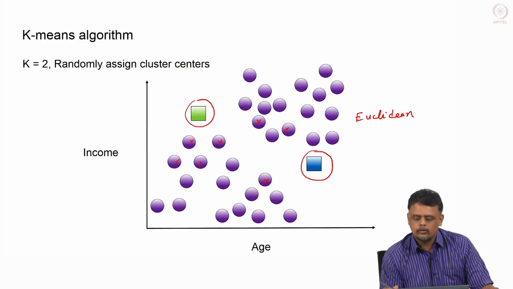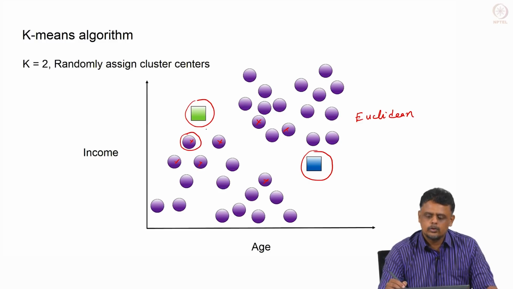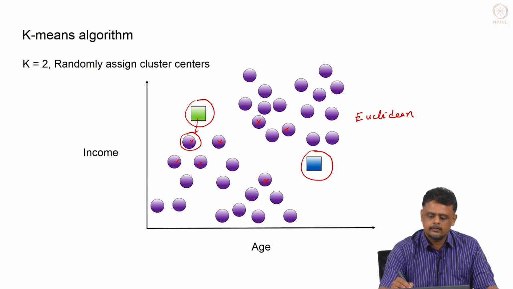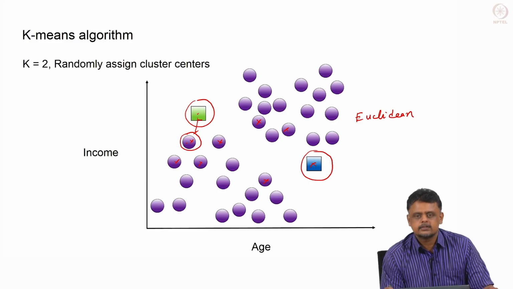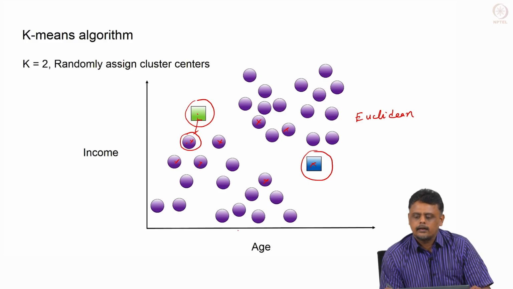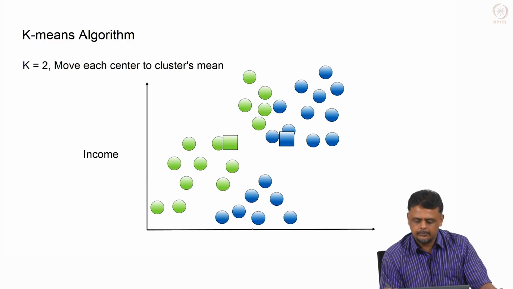So, for instance, this particular data point is closest to this cluster center as opposed to that one, and so we would assign this data point to this cluster center. Similarly we would go across the data set and assign each one of those points to the corresponding cluster center which is closest to them.